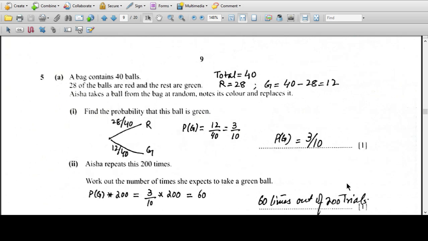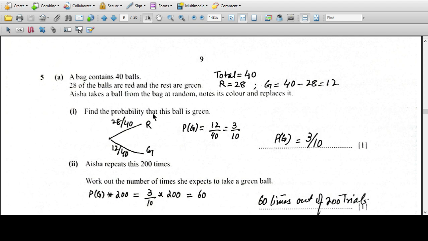Question number 5. A bag contains 40 balls. There are total 40 balls, and 28 of the balls are red, and the rest are green. So from 40 we subtract this 28, and this is total green balls. Aisha takes a ball from the bag at random, notes its color and replaces it.